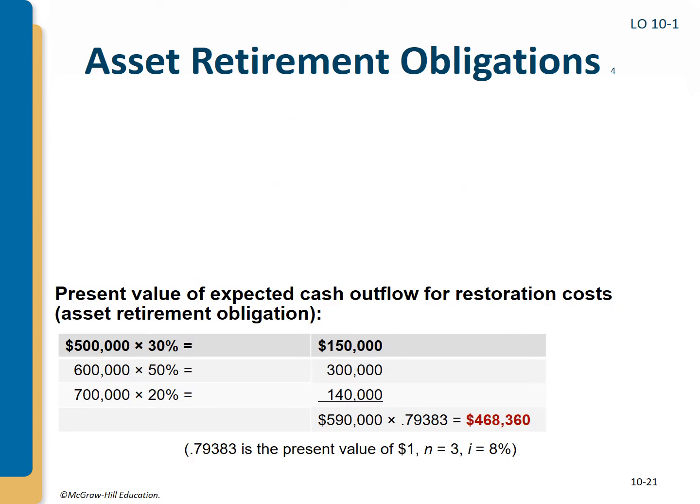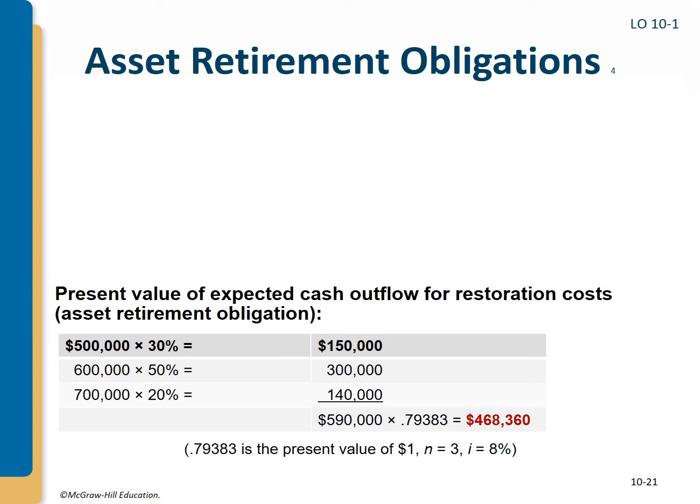Well, the first thing we're going to do is figure out, based on the probability of each, the cash flow under each circumstance. There's a 30% chance that $500,000 would have to be paid. So we multiply that out, $150,000.